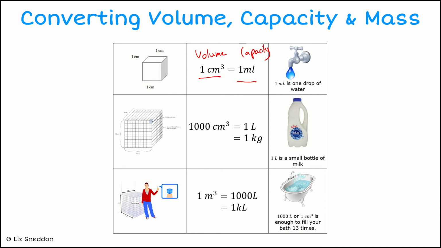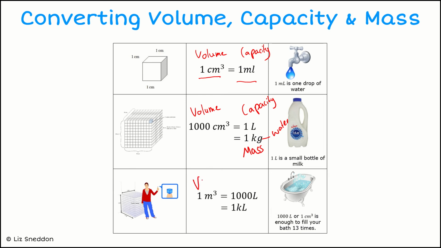Another conversion is I can say if I have a volume of 1,000 cubic centimetres, then that's the same as a capacity of 1 litre. It's also equal to a mass of 1 kilo if that mass is water. So different liquids could have different weights, but with water it's a 1-to-1 ratio.